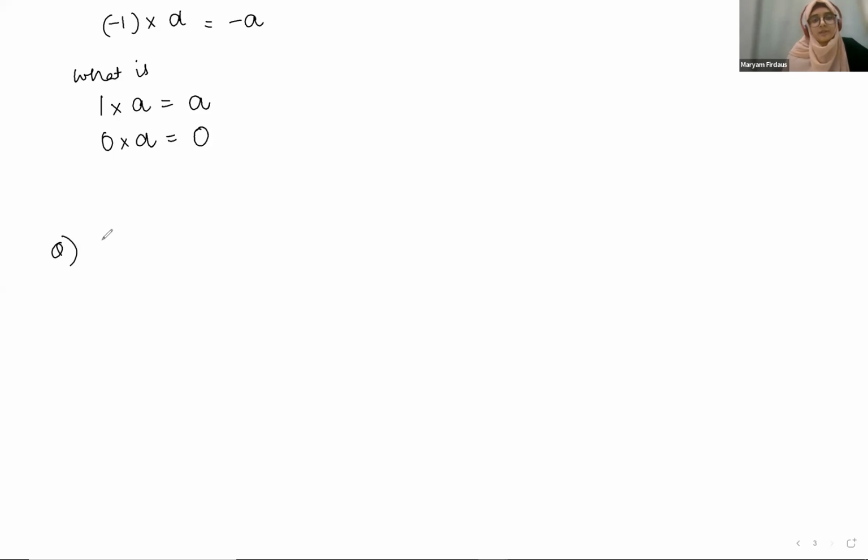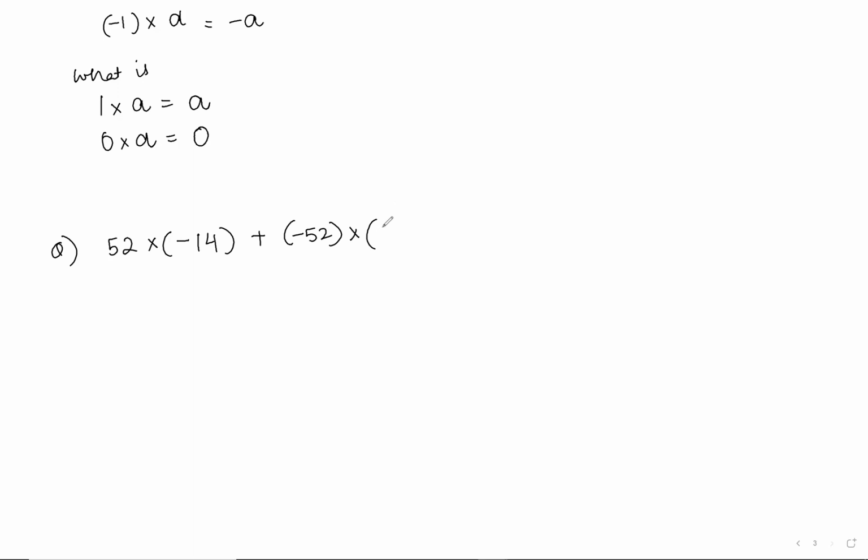Let's say we have 552 multiplied by negative 14 plus negative 52 multiplied by 36.